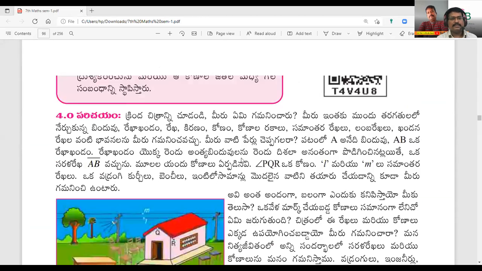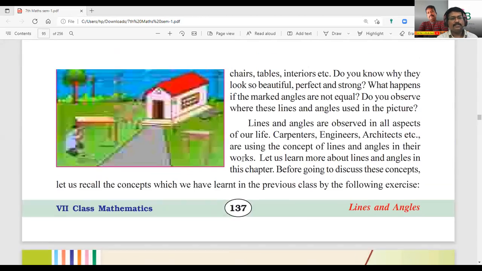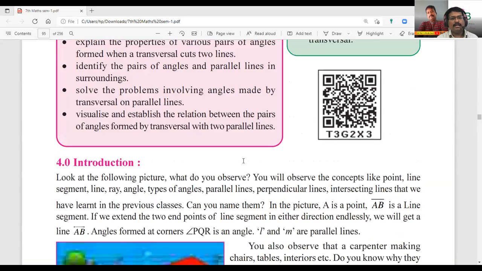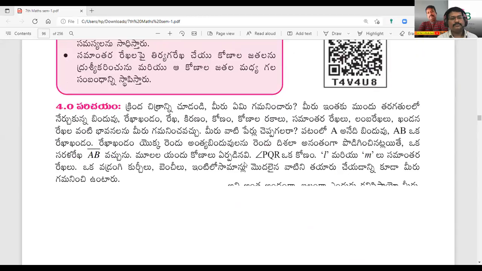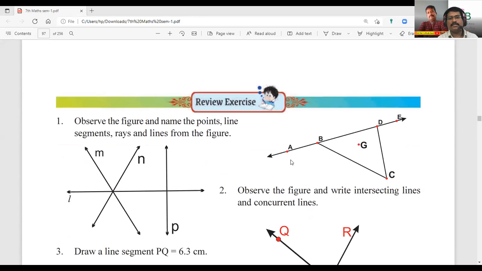The first thing is the review exercise. Observe the figure and name the points, line segments, rays and lines from the figure. This is a point.